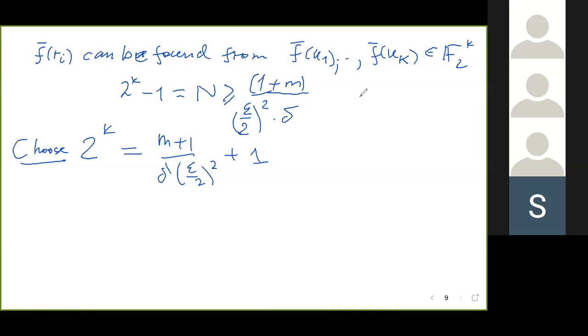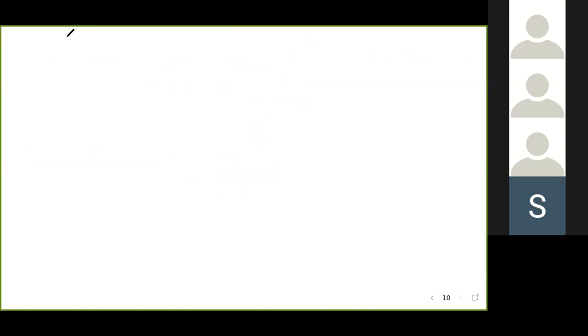For each value of the unknown bar F in the points U1, ..., Uk, we will produce one entry of our list, and the list will have this number of entries, actually 2 times more, because this is not a power of 2, but this is still of the order of m over delta squared epsilon squared. So this is our algorithm to produce the list, the algorithm which we prove to exist.